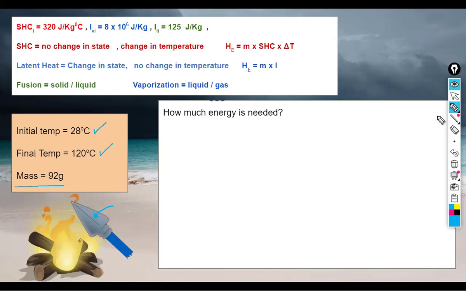And a lot of people are getting it correct. It's a specific heat capacity question. So we have to focus on this formula. Once we identify the formula, we should probably write the formula, because there's no change in state. At the beginning of the question, it was a solid piece of metal, and we're assuming it's not melting. So at the end of the question, it's still a solid. So let's write down the formula. You actually get marks in the exam for writing down the formula. Simple stuff.